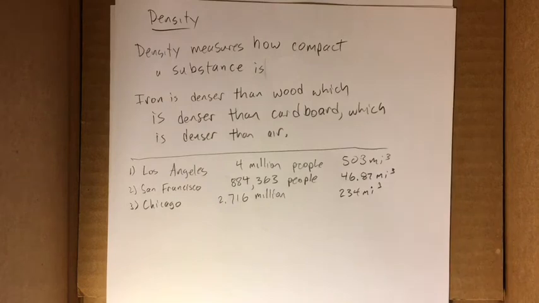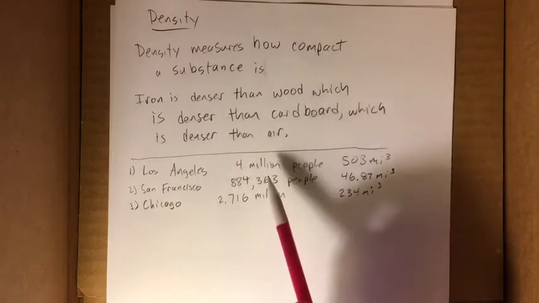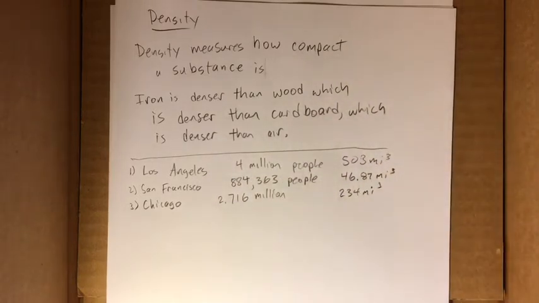So to really compare them to each other, we're going to figure out, in each different city, how many people live in exactly 1 square mile. So if we distributed all the people so they were all equally distanced from each other across the entire city, and then we drew a square mile, how many people would be there?